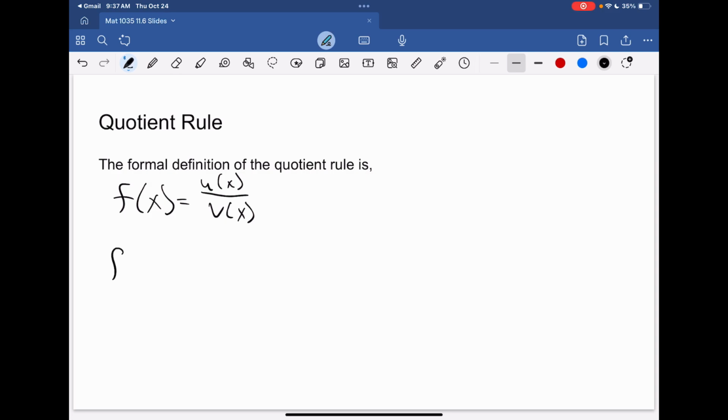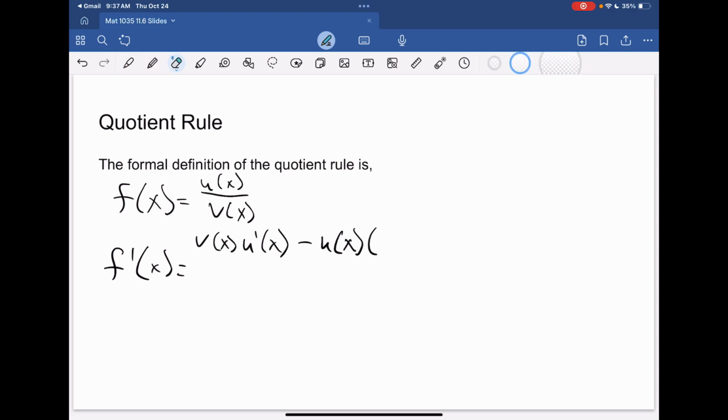Okay, the derivative of this function would be: we copy the denominator, we multiply it by the derivative of the numerator, then we subtract the copy of the numerator, and we multiply it by the derivative of the denominator.